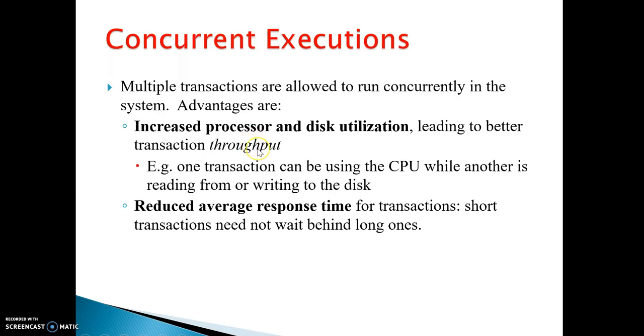It indicates the number of transactions performed in a unit time. So concurrently executing a number of transactions leads to increased throughput. One transaction can be using the CPU while another is reading from or writing to the disk.